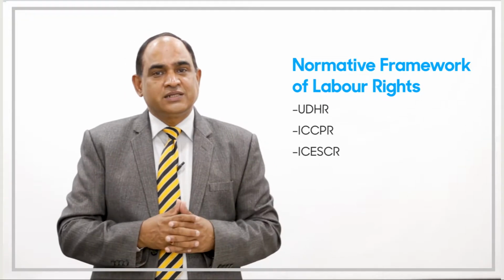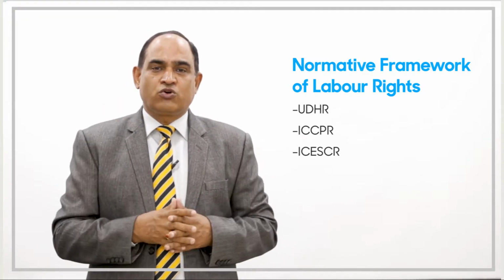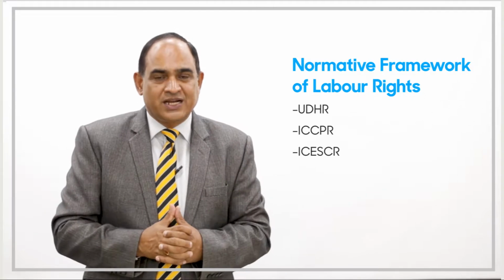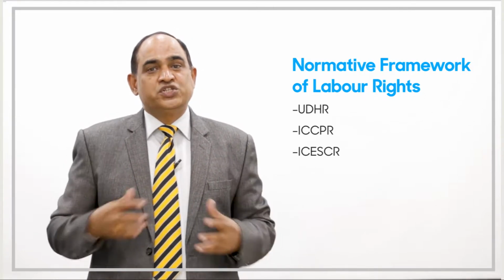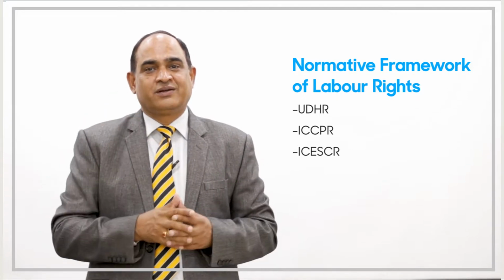And if you look at the International Covenant on Economic, Social and Cultural Rights, there are a number of articles which deal with the right to work, the right to just conditions of work, safe and healthy working conditions, equal pay for equal work, the right to organize collectively, and the right to strike, and all these are mentioned in that Covenant.